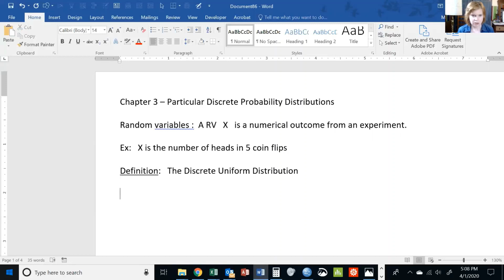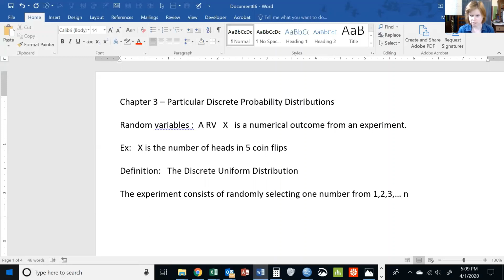In the discrete uniform distribution, the experiment consists of randomly selecting one number from 1 to n. So from 1 to 3, to n.